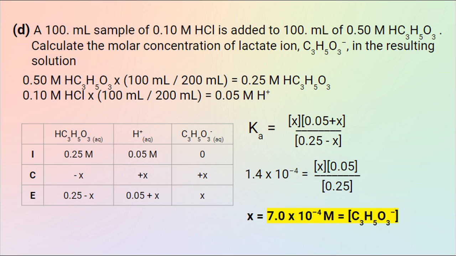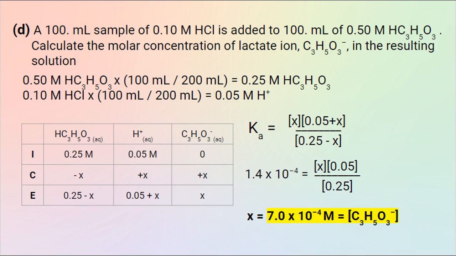I also have 0.10 molarity HCl, and I can multiply that by 100 milliliters, which is how much is added, over the total volume, which is 200 milliliters, to get 0.05 molarity H+, and then using that, I can plug that into the ICE box. So for HC3H5O3, I have 0.25 molarity. For H+, I have 0.05 molarity. And for C3H5O3 minus, I have nothing initially.